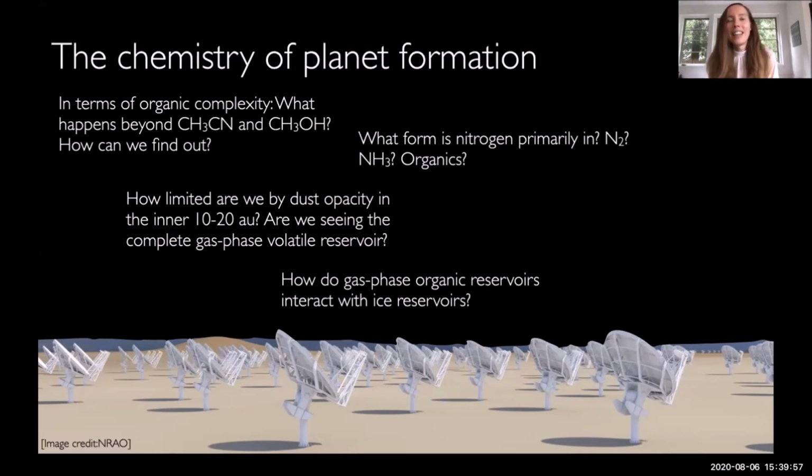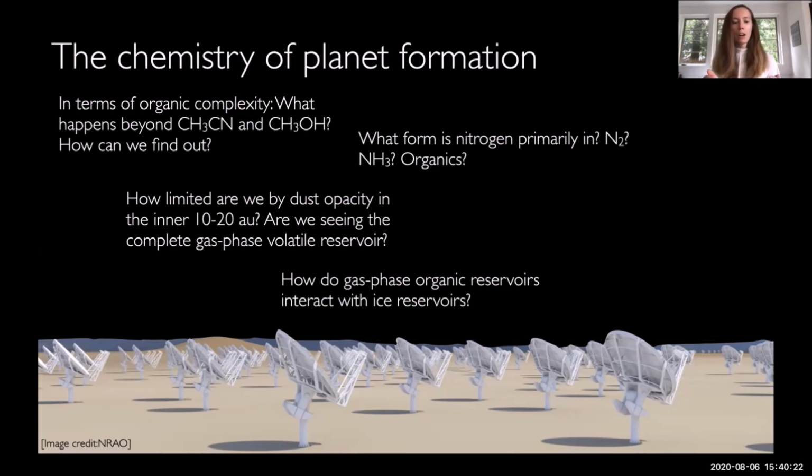I think that there is no single size of these disks is part of the problem. If you look at millimeter pebbles, you can estimate the size. If you look at micron size dust, you will get a larger size. If you look at CO, you will get yet another size. So I think it depends on what you're after.